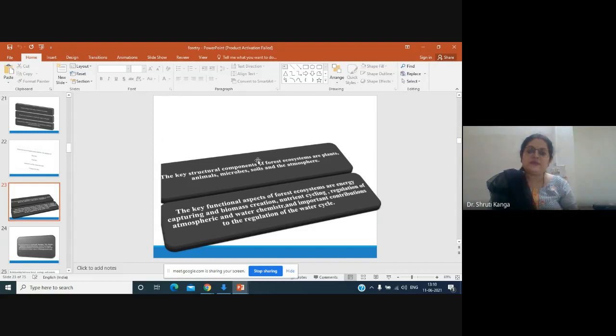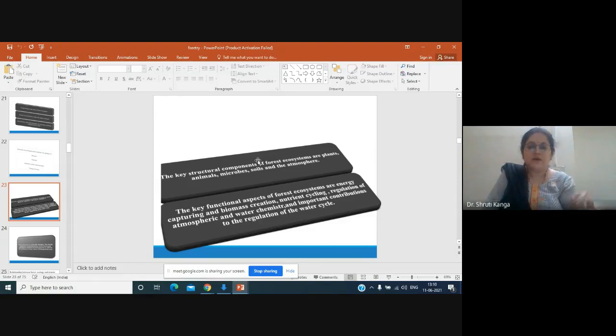Now, the key structure components of forest ecosystem are plants, animals, microbes, soils, and atmosphere. Okay, so for any kind of forest ecosystem, what are the key components? They are very understood. If we are talking about ecosystem, especially a forest ecosystem, without plants we cannot go for any kind of analysis.